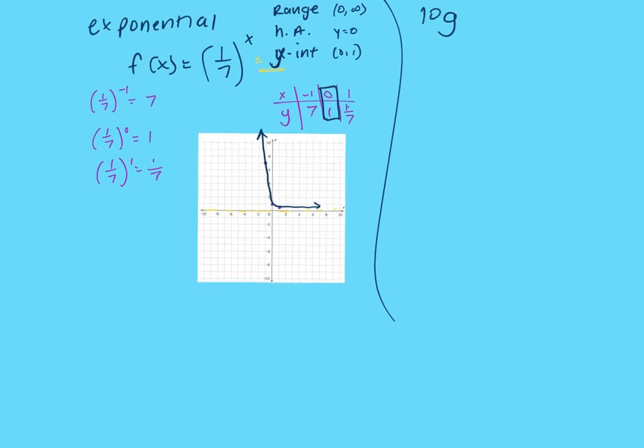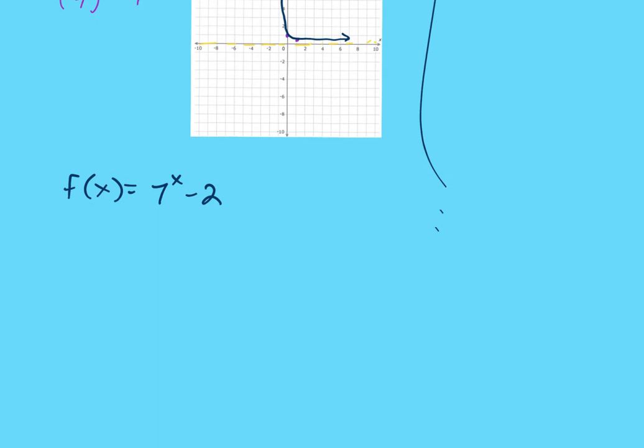Yeah. So let's say we did f of x equals 7 to the x, minus 2. It's still exponential. There's still no log there. I'm still going to plug in for x. So I'd get 7 to the -1 minus 2, 7 to the 0 minus 2, and 7 to the first minus 2. This is 1/7 minus 2, or -1 6/7.